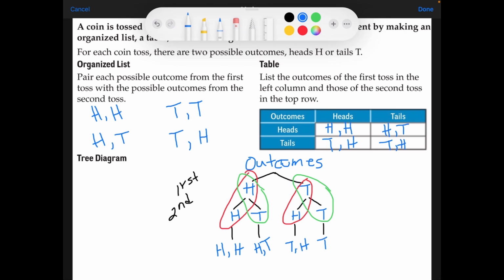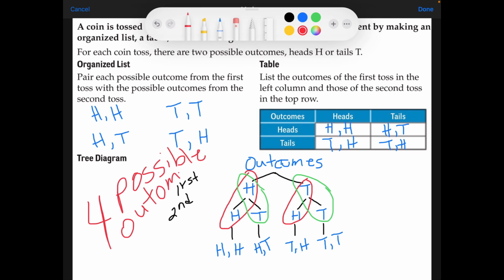This time we could possibly get a tails and a tails. So in the end, we have 4 possible situations, 4 possible outcomes. That's our sample space.